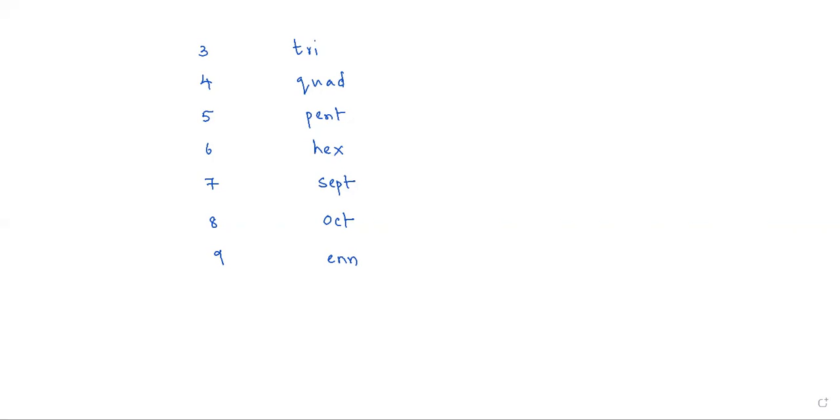Let me give you examples. Now suppose you want the IUPAC name of an element with atomic number, say 104. We know that 1 is called un. People also say an. Okay, un. And how about 0, nil, isn't it?